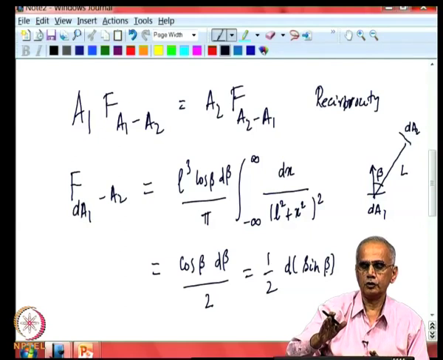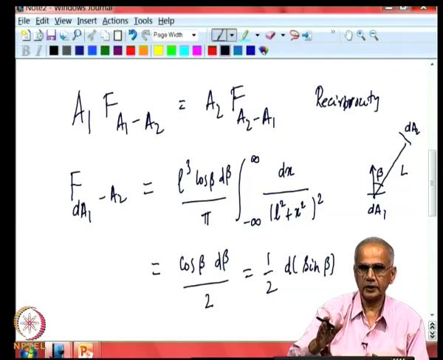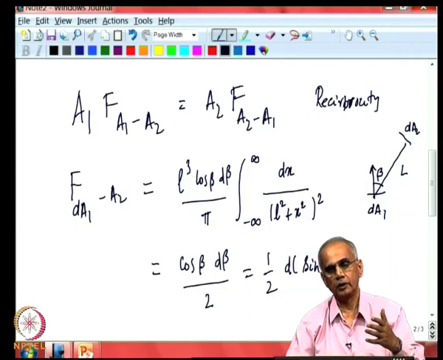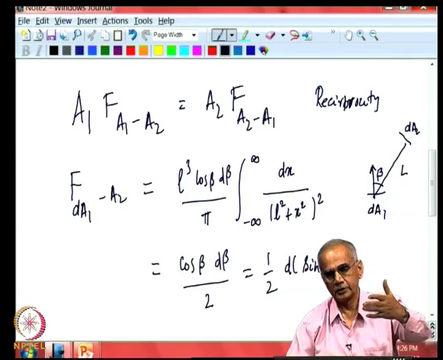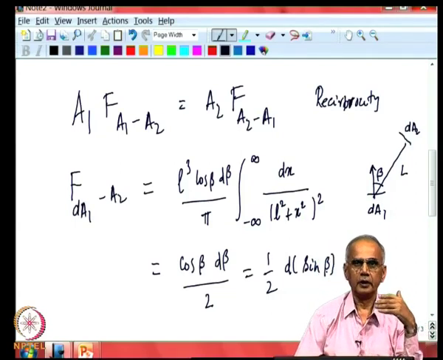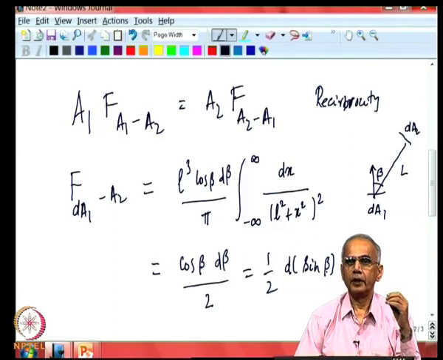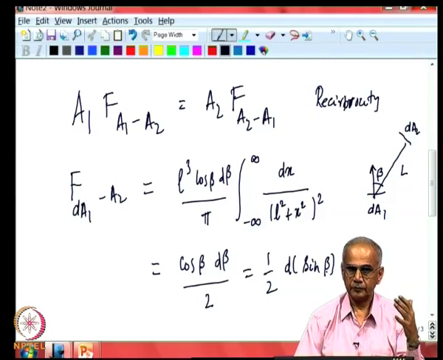And so, such examples do occur in practical situations, where one dimension may be in a furnace or some other situation, or a cloud, where one dimension is very large compared to the other dimension. Then the problem is essentially two dimensional, but remember that in radiation the basic phenomenon is three dimensional.